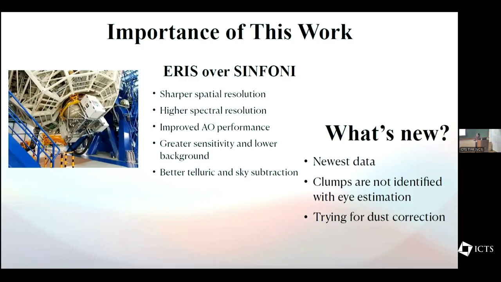In our case, we define the clumps using a Python code which considers the maximum value and then defines the clump. So it's a more robust analysis, and hopefully we can get the H beta so that we can actually get the dust estimation and dust corrected flux.